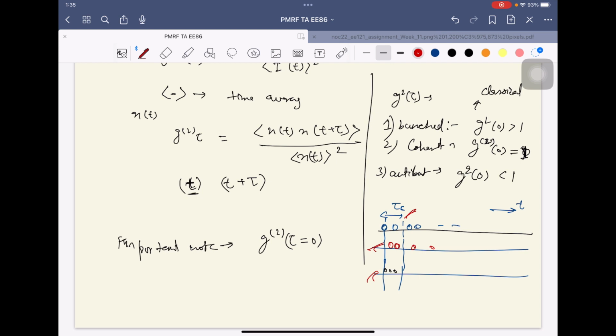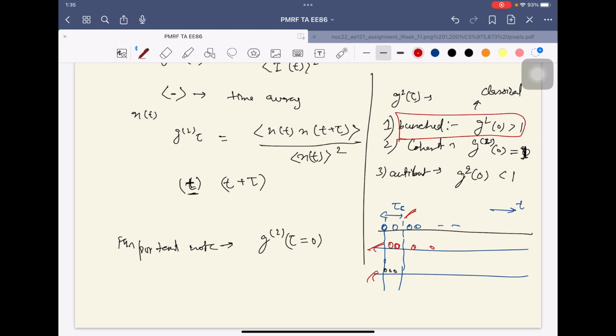Okay, so this means that given a detection event at t, there is a higher probability of another detection event at time t' close to t. So this kind of source therefore satisfies g2(0) greater than 1. Indeed, it can be shown that classical light sources must always satisfy this condition.